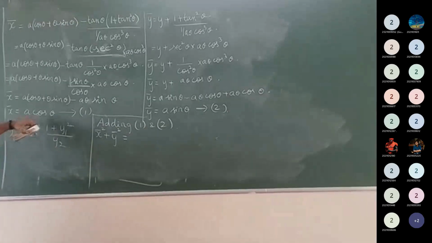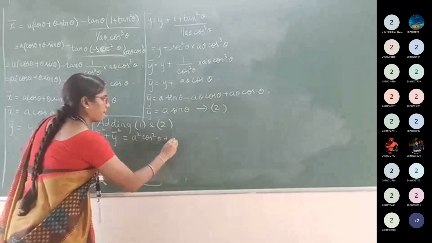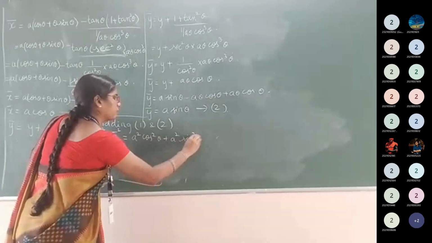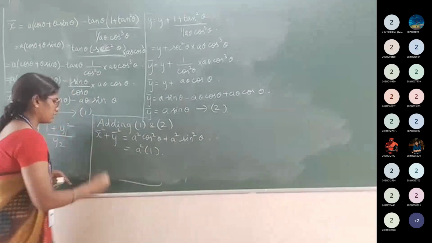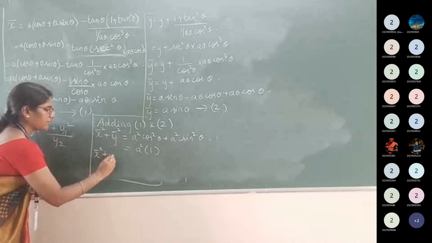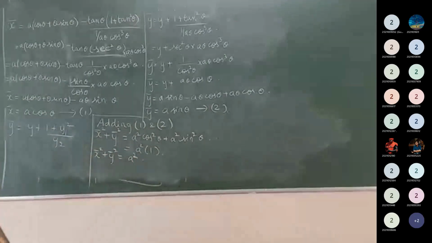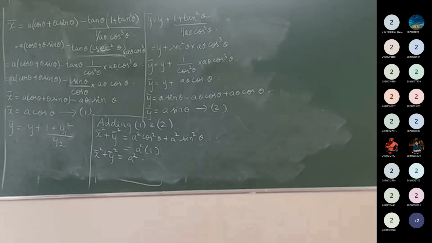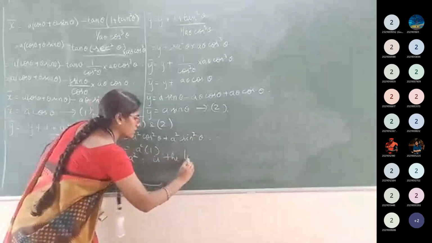This is a squared cos squared theta. This is a squared sin squared theta. That will be a squared into 1. So x bar squared plus y bar squared is equal to a squared. So this is your locus. This is nothing but the locus of x bar and y bar.